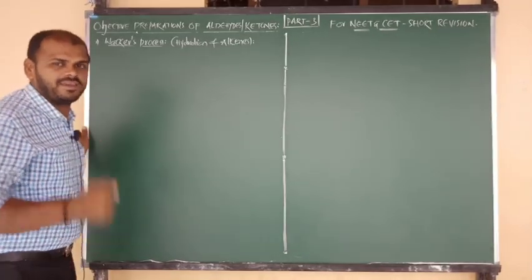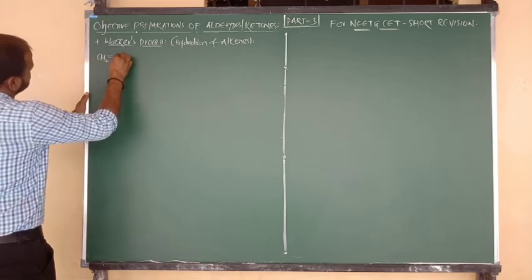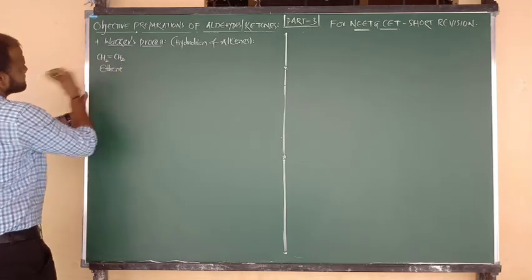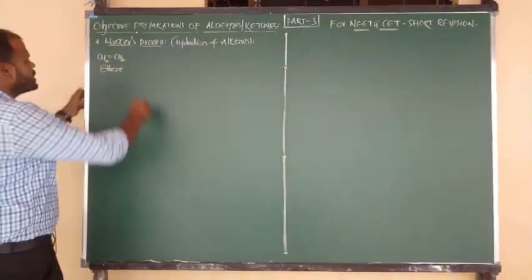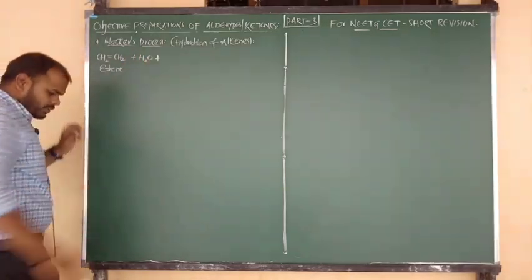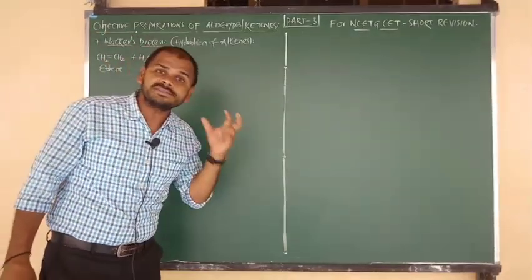Example is ethene, CH2 double bond CH2. The name of this compound is ethene. Upon hydration, addition of a water molecule takes place by using Walker's reagent or Walker's catalyst.